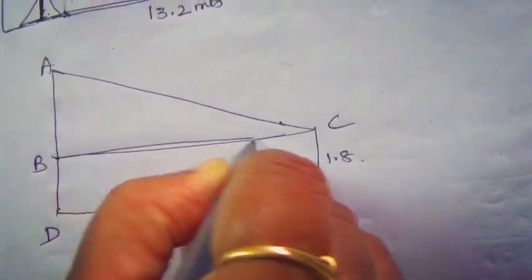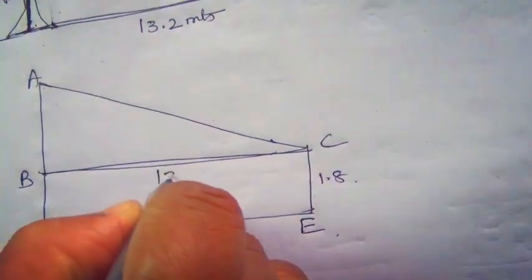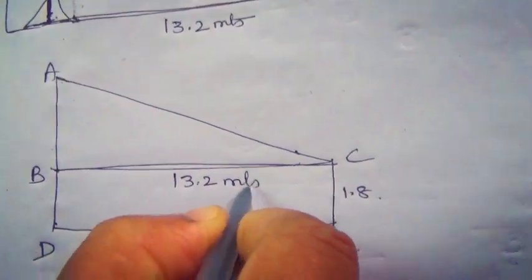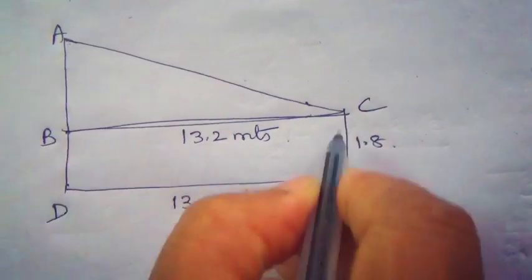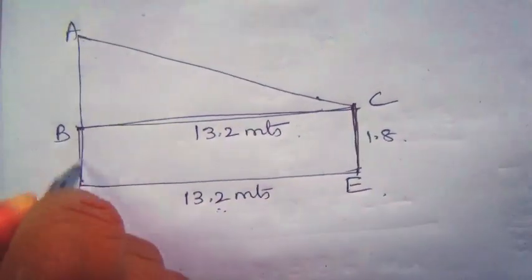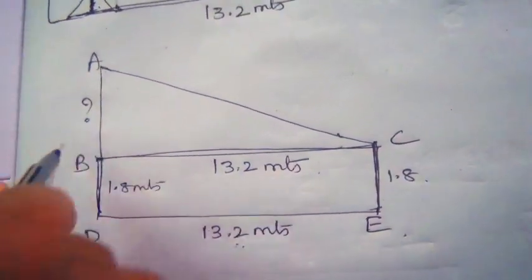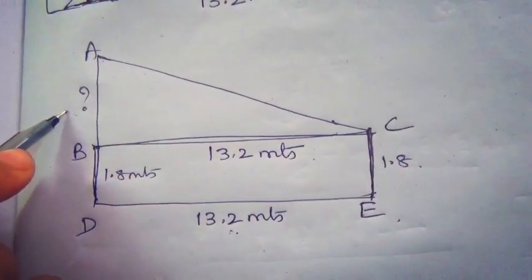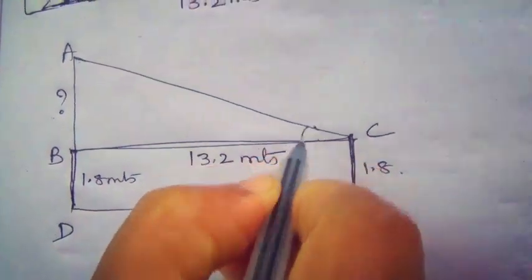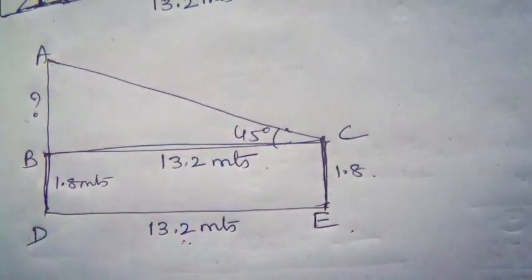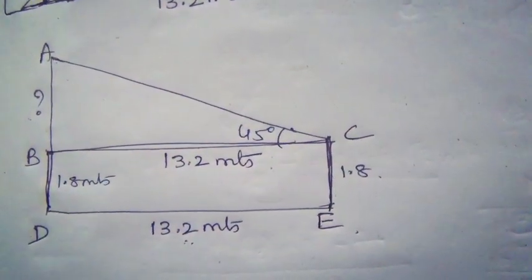So if it is 13.2 here, it is also 13.2 meters there. If it is 1.8 here, it is also 1.8 meters there. Then we have to find this remaining height. Here we have the angle of elevation, 45 degrees. This is the diagram of this question.